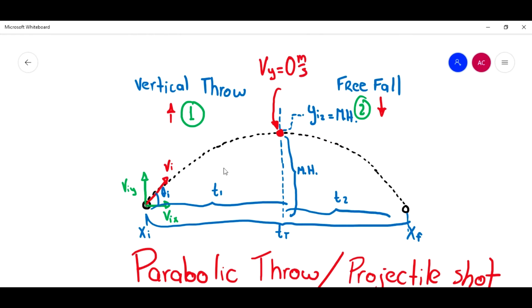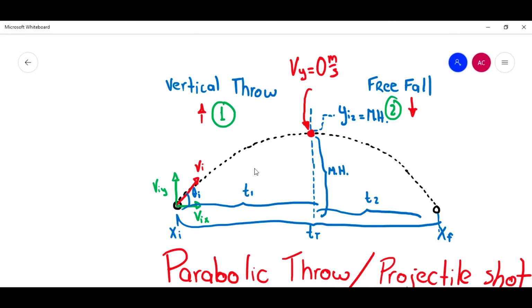Okay, so there is an equation that says something like this: acceleration in y equals final velocity in y minus initial velocity in y over time. And also I used this equation in the previous video. So if I'm talking about the first segment, this over here is the initial velocity and this over here is going to be the final velocity. So the final velocity is going to be 0. Okay, I'm going to cancel it.